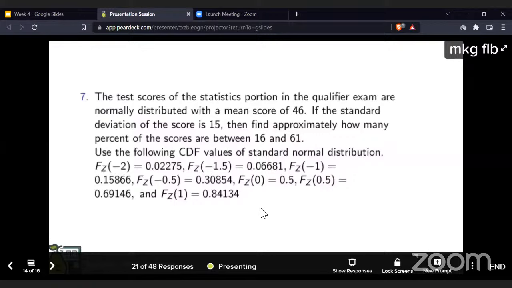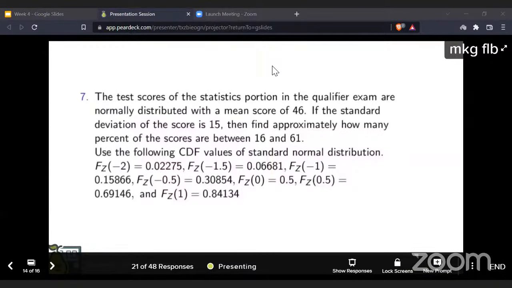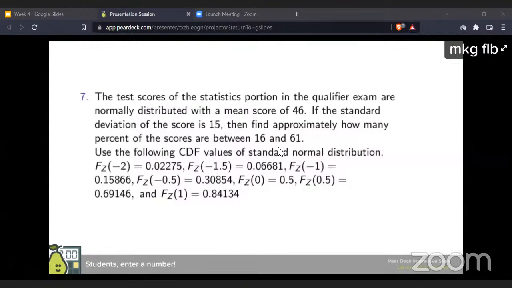So, can somebody explain how you found the solution? Yes, ma'am. First of all, I find the value of x from this.